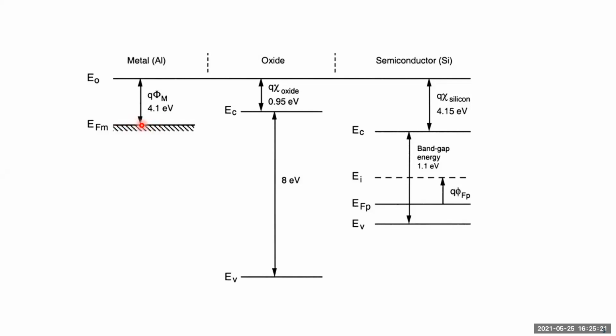Instead of going in this direction finding the potential difference, you go to infinity, back to the work potential of this material, and then back to the Fermi level. That also gives you the work function difference.